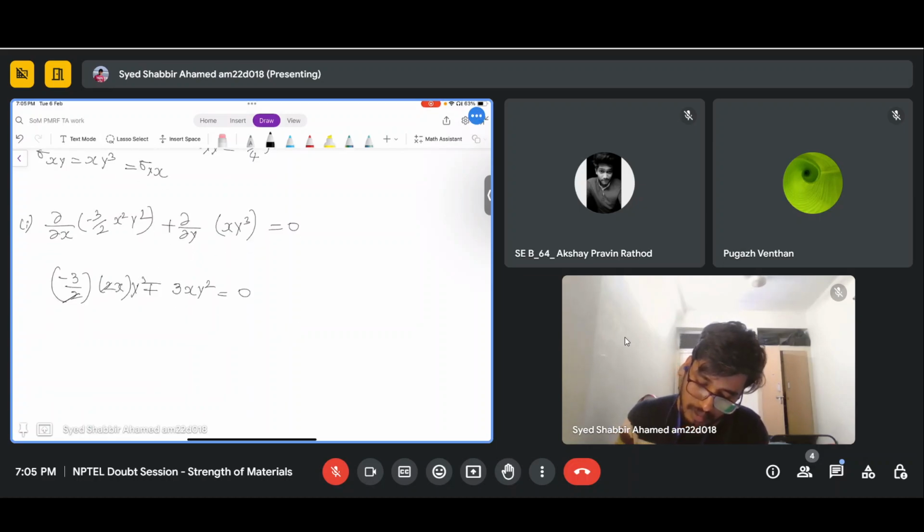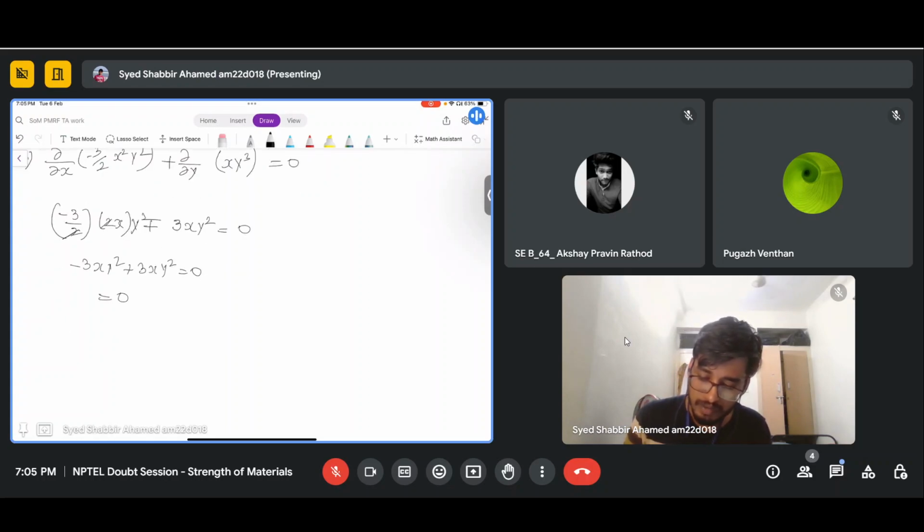So minus 3xy square plus 3xy square is equal to 0. So the first force equilibrium condition is satisfied.